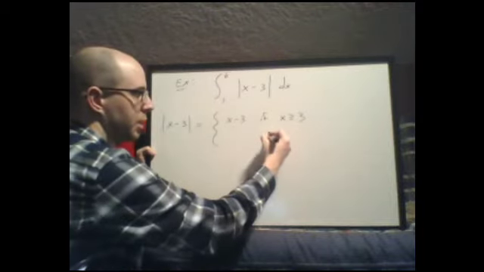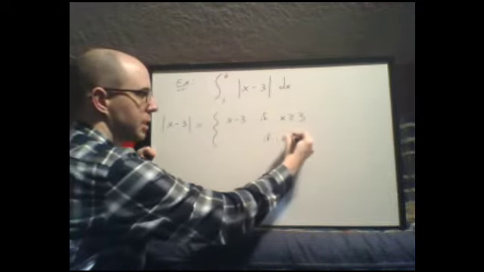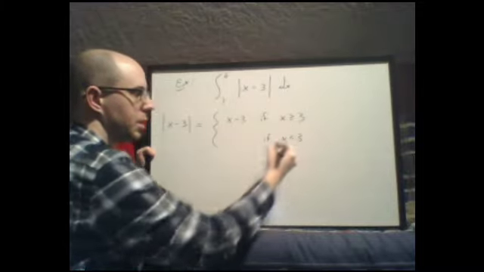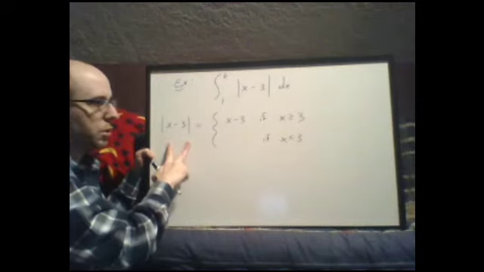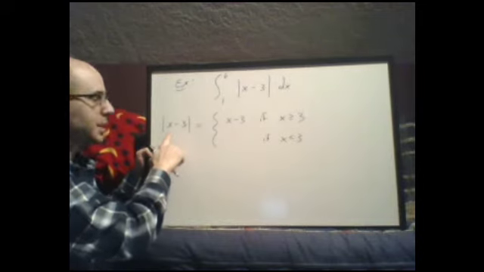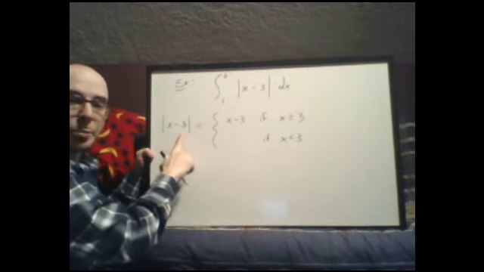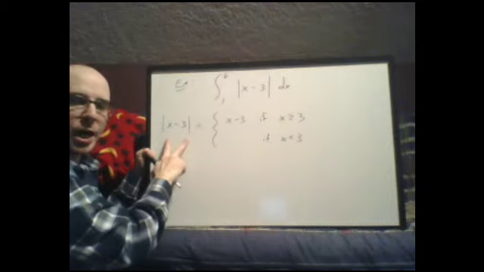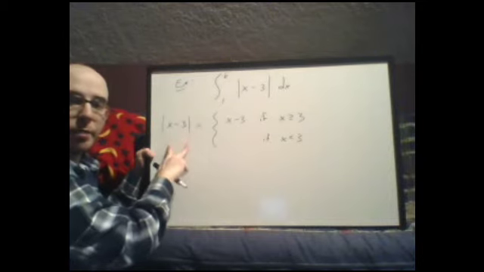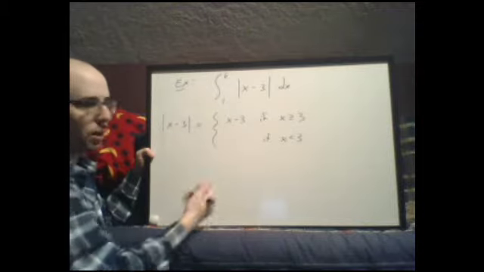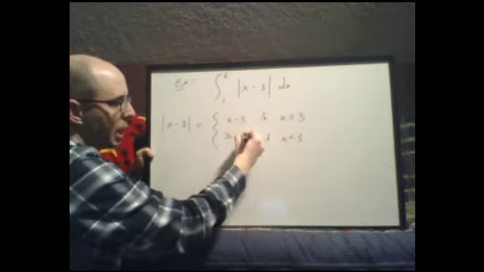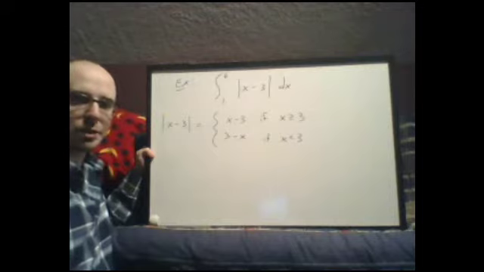On the other hand, if x is less than 3, then x minus 3 will be negative. And the absolute value will make it positive by basically flipping the order of subtraction or multiplying it by -1. So you get 3 minus x in that situation.